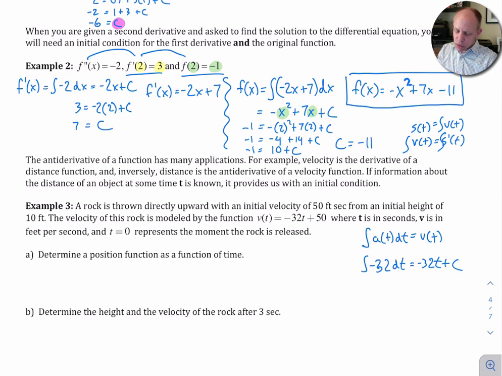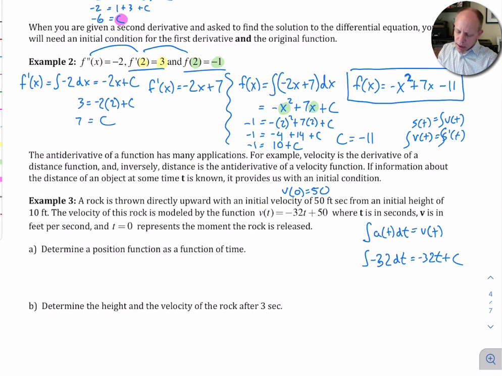And notice the initial velocity is going to be 50. That's v at 0 equals 50. We can say 50 is equal to negative 32 times 0 plus c. And that zeroes out, so c equals 50. And our velocity function is negative 32t plus 50. All right, so that's how they got that negative 32t plus 50.